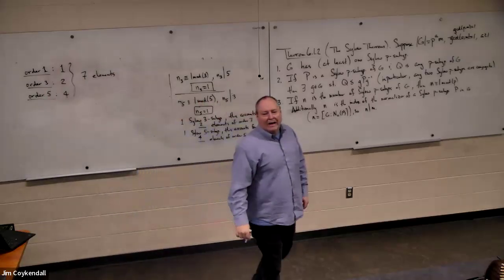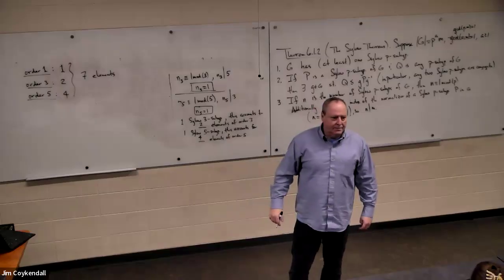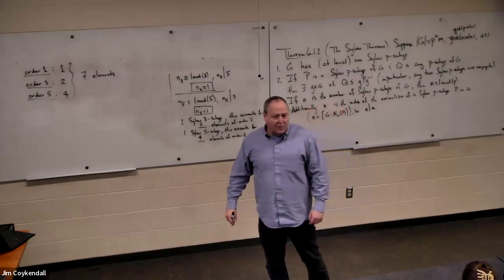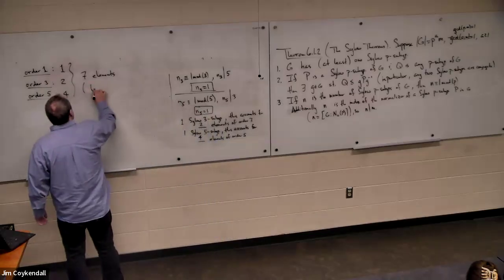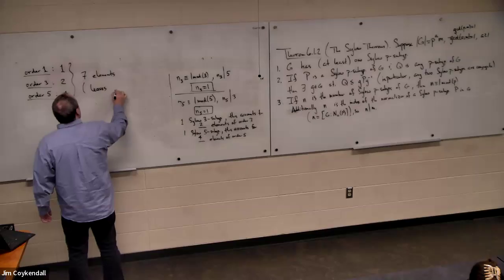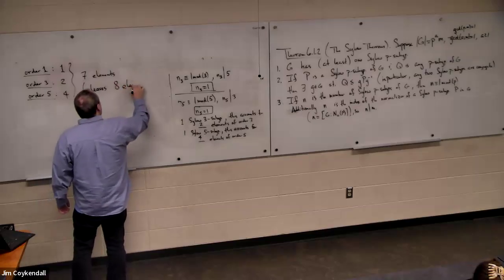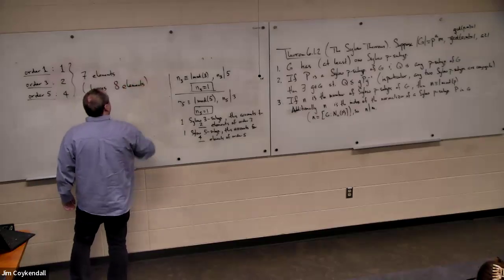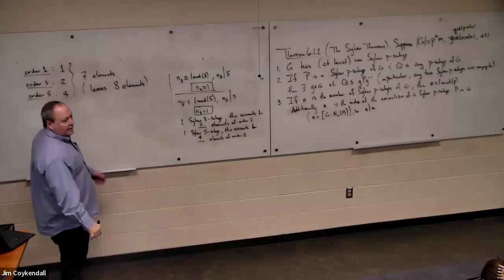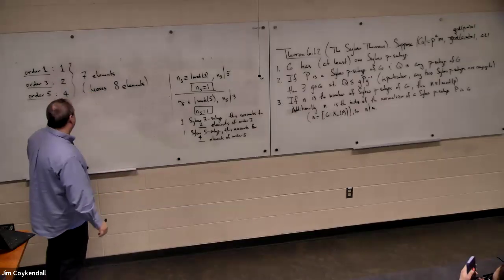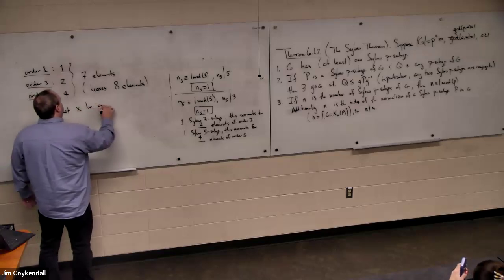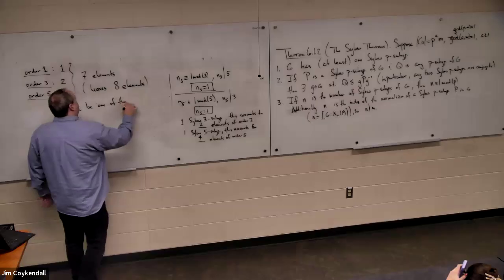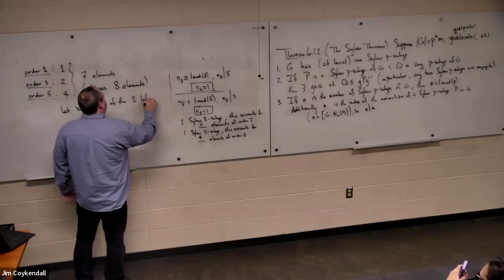How many elements are left over in my group of order 15? Everybody agree with that? Let X be one of 8 left over.